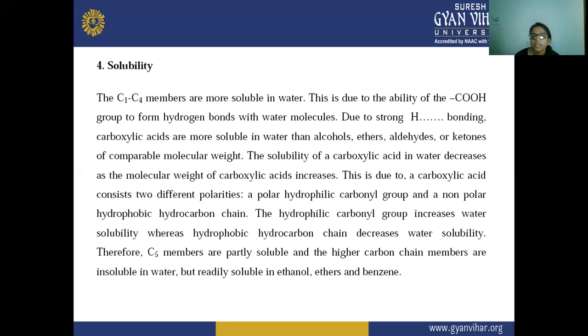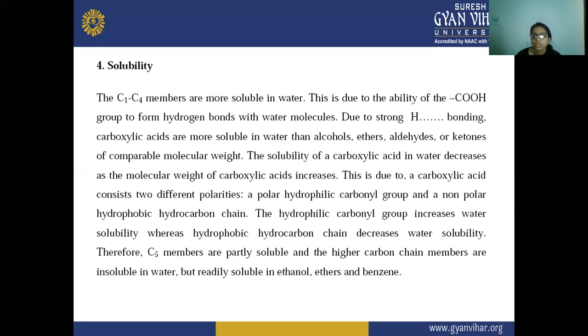Why does this decrease? Because there is an addition of the alkyl group to this carboxylic acid. As the member gets higher and the molecular weight of the carboxylic acid increases, the solubility decreases.